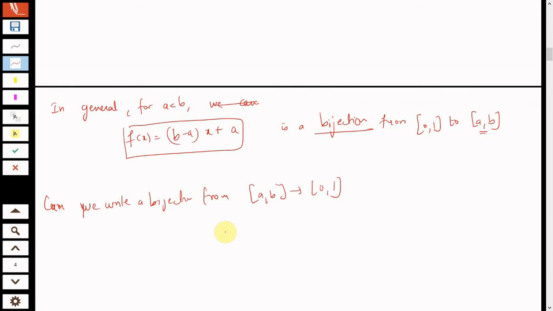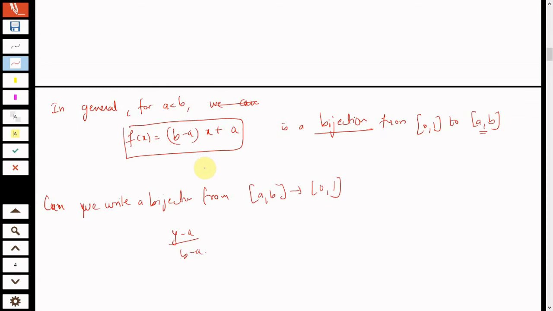That would be the same as saying first bringing one end at a to 0, and that is translating by minus a. So first you need to translate it by minus a, so it's going to be say y minus a, and then you need to compress this by b minus a, and in fact this would be the same as saying the inverse of this map. So it's a reverse process, okay.